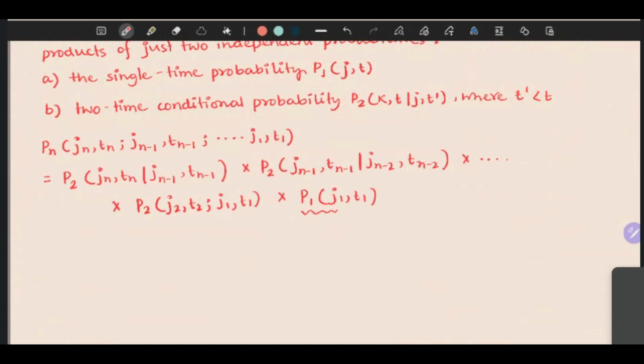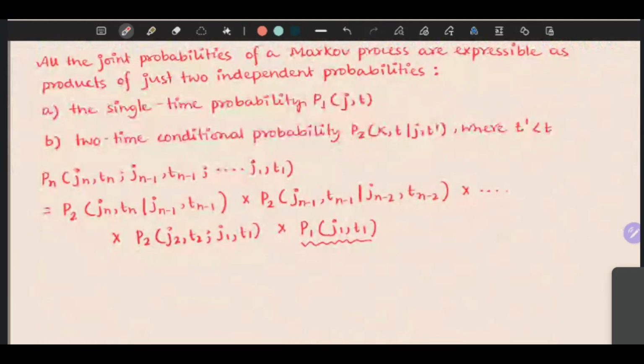So this is the single probability, right?